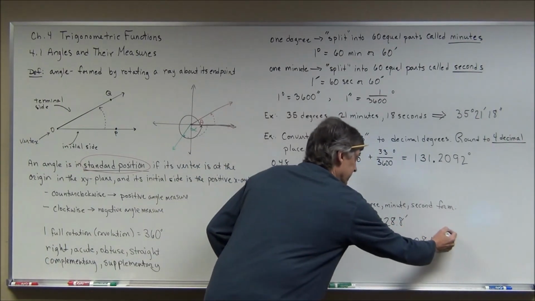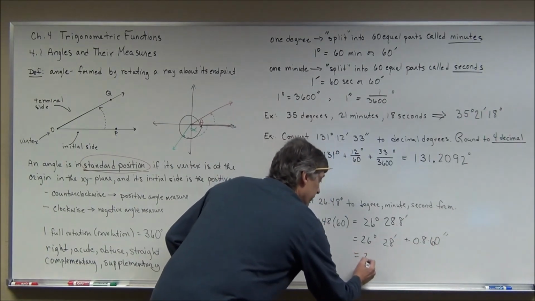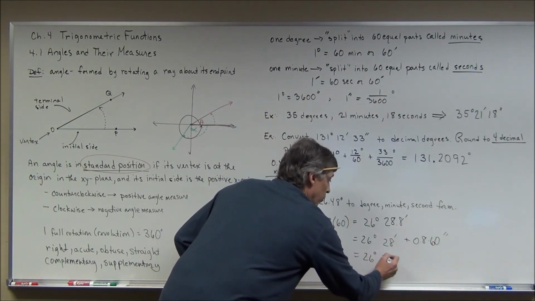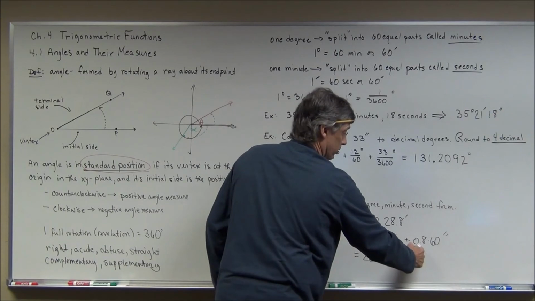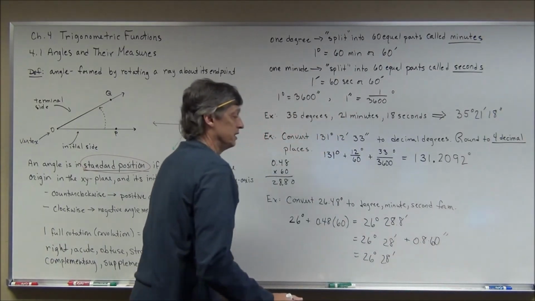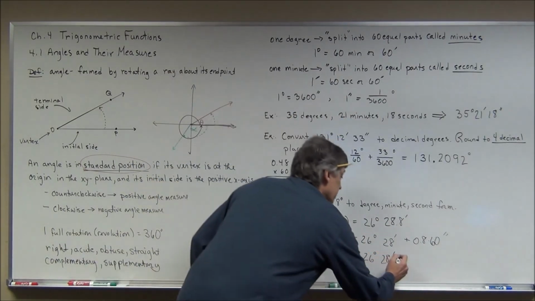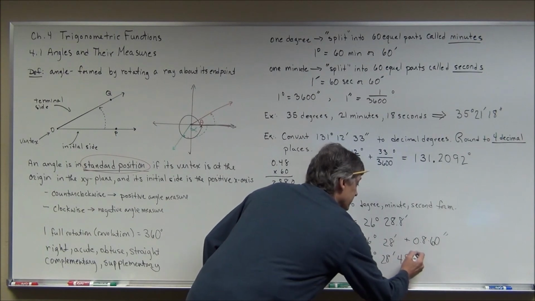And this is going to be in seconds. So I'm going to have 26 degrees, 28 minutes. Now if I multiply 0.8 times 60, I get 48. This is going to be 48 seconds.